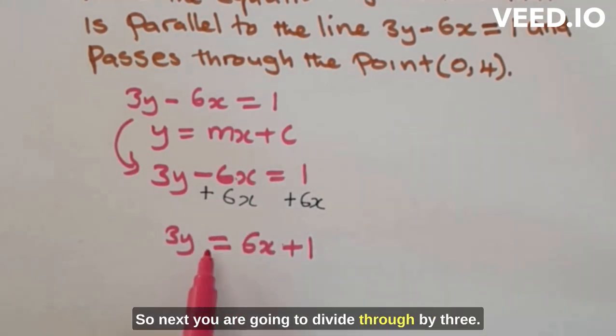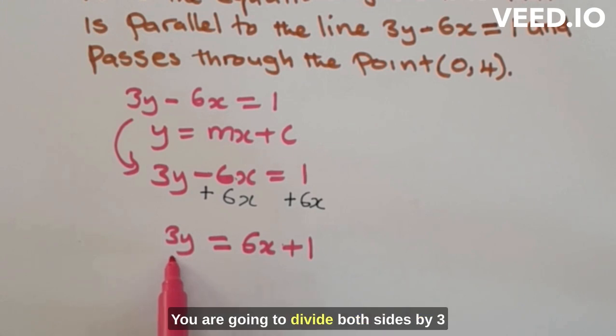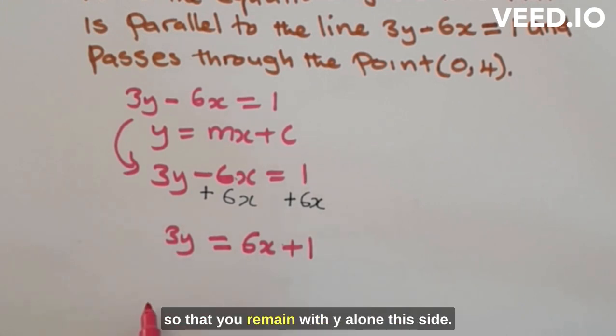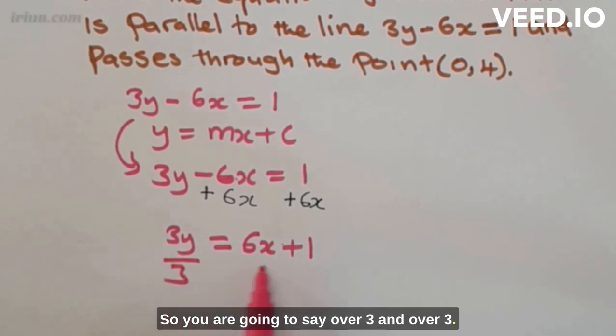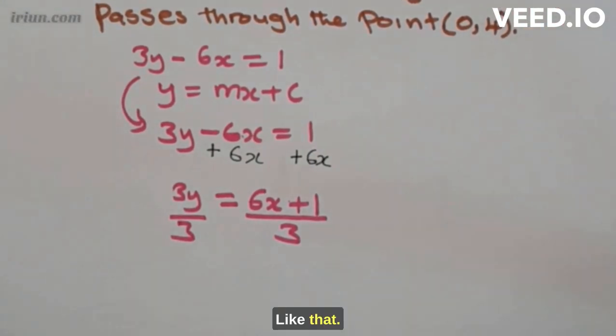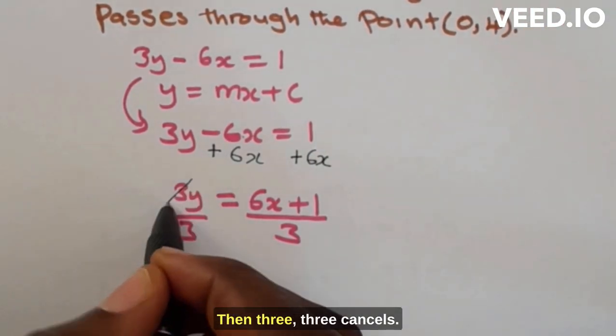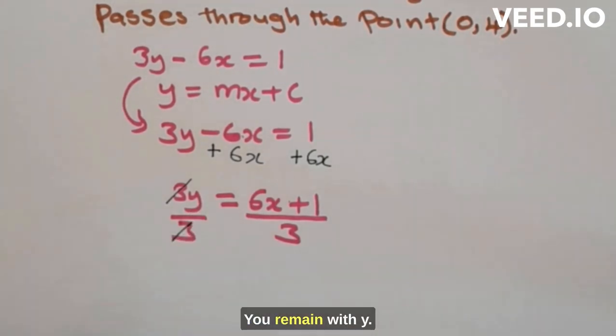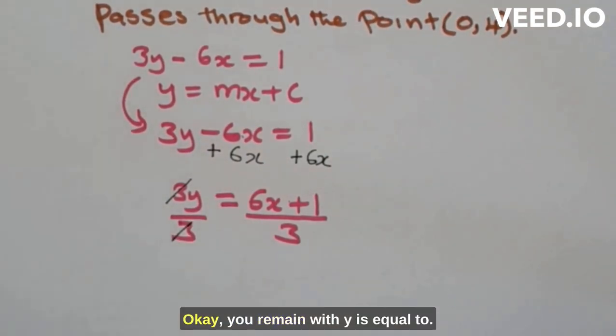Next, you are going to divide both sides by 3 so that you remain with y alone on this side. So you say over 3 and over 3 like that. Then 3 cancels, and you remain with y is equal to.